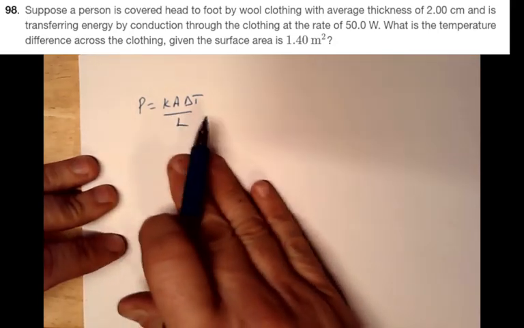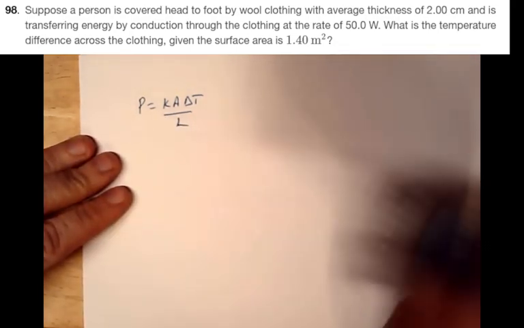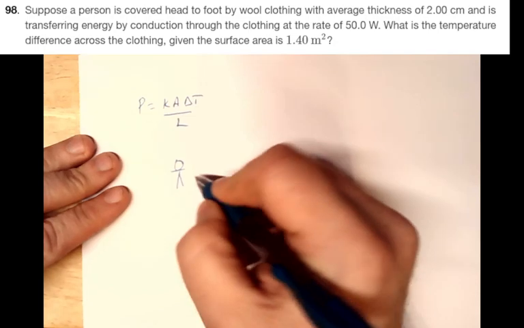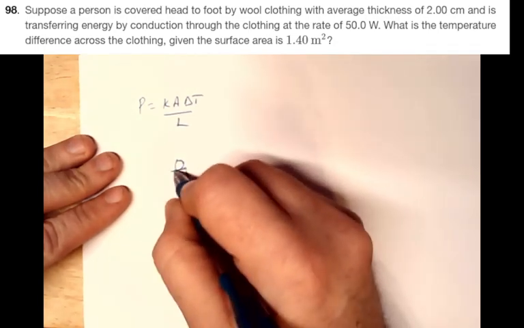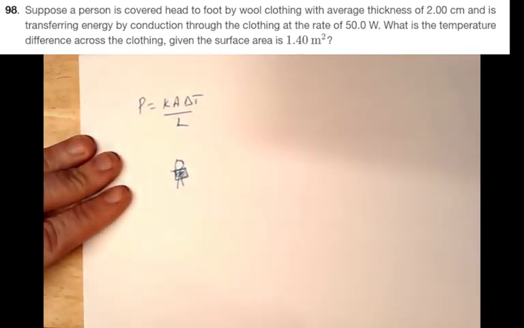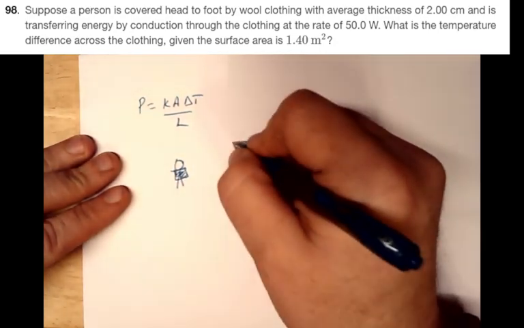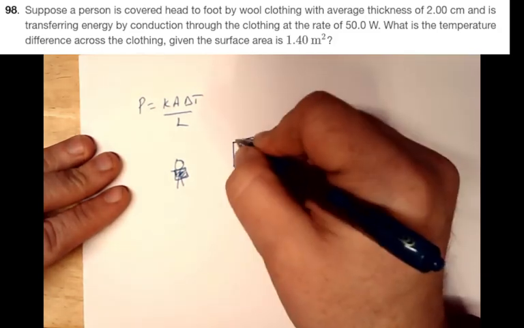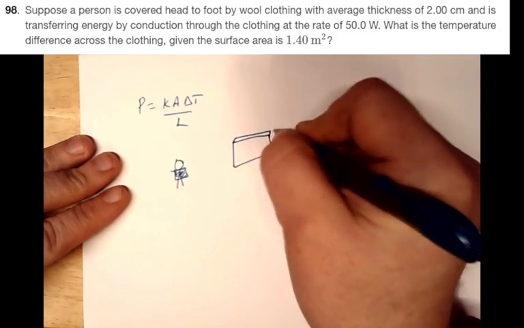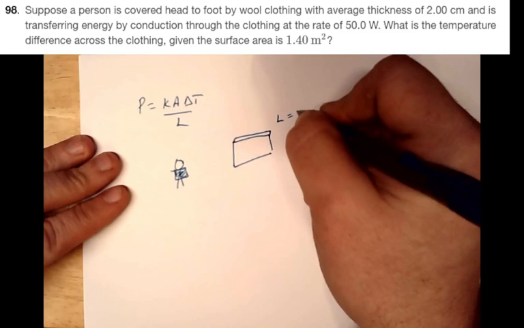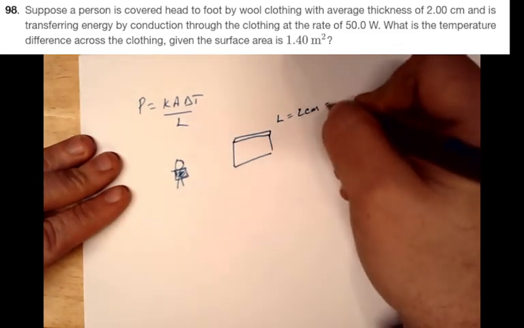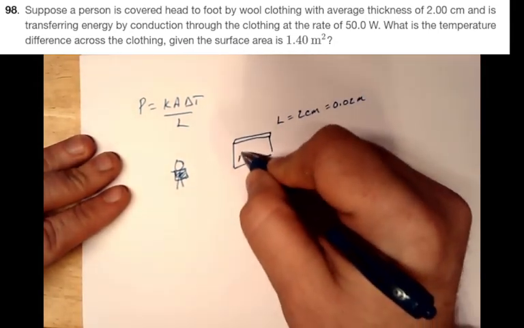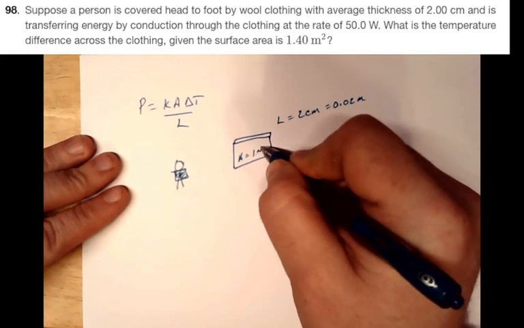So we have this formula, and we can do this sort of simple problem where we have a person in a wool coat. Not a very good wool coat, but we can model it as sort of a big container, and its thickness will be 2 centimeters, which is 0.02 meters, and its area will be 1.4 meters squared.